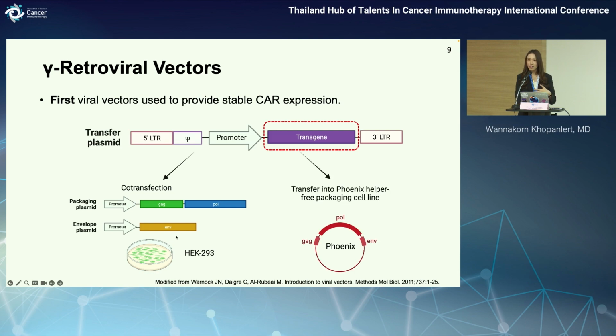However, later on, Garry Nolan from Stanford University developed what we call the Phoenix. It is a second generation packaging cell line that contains gag, pol, and envelope in the same cell, but safely. And the viral production is way faster, in just a few days, compared to the older one.